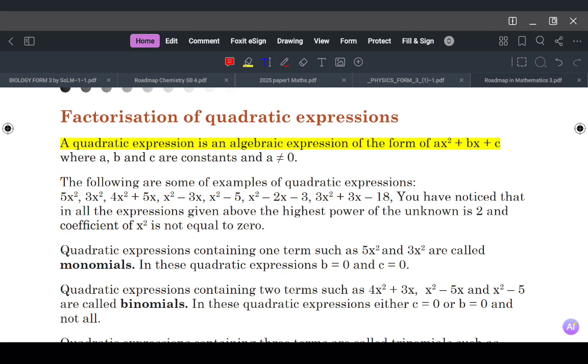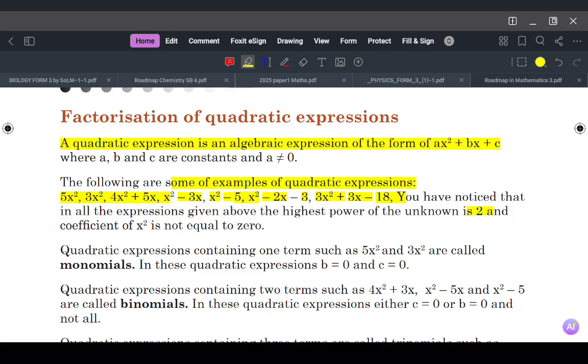Some examples of quadratic expressions include 5x squared, 3x squared, 4x squared plus 5x, x squared minus 3x, x squared minus 5, x squared minus 2x minus 3, 3x squared plus 3x minus 18. All these are quadratic expressions. You have noticed that in all the expressions given here, the highest power of x is a 2.